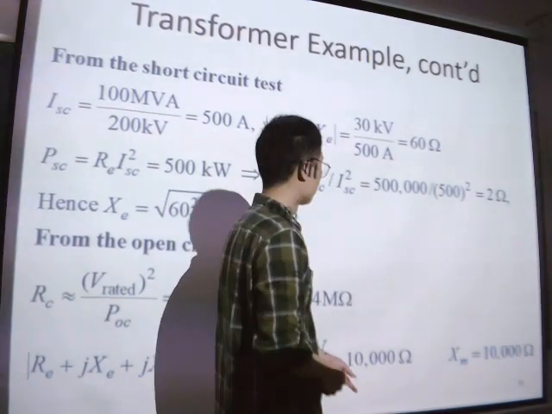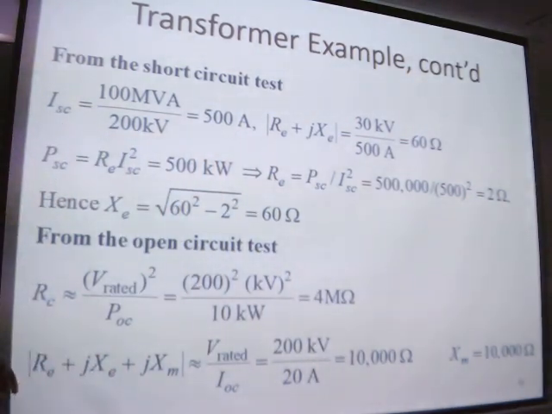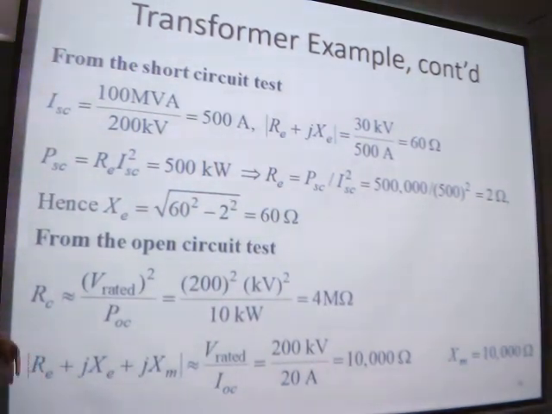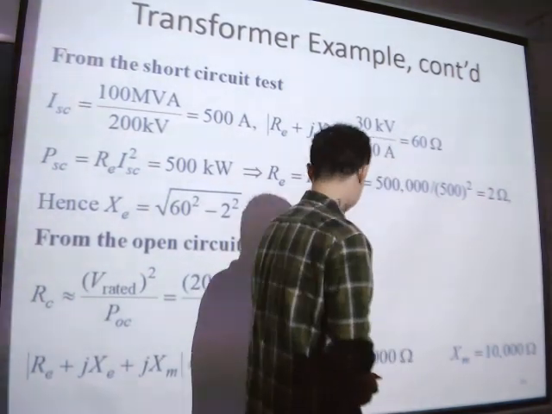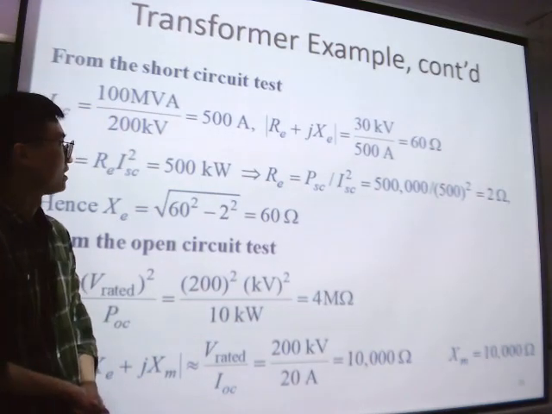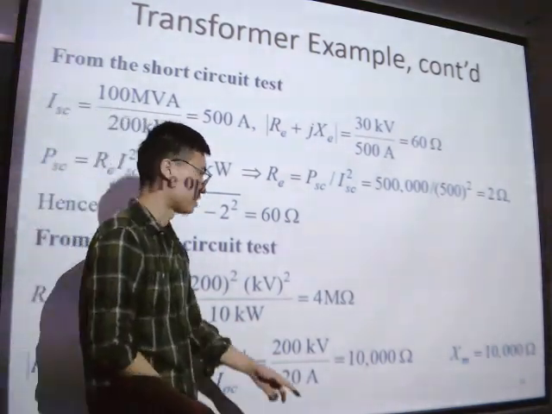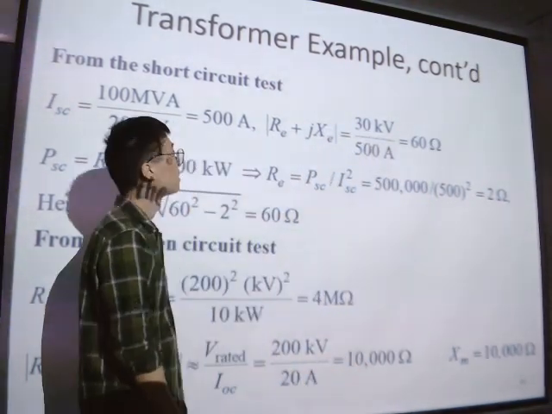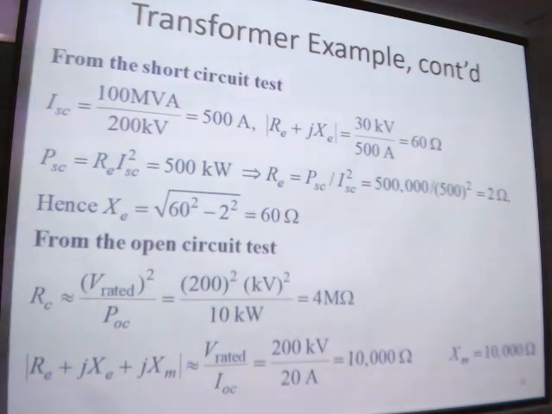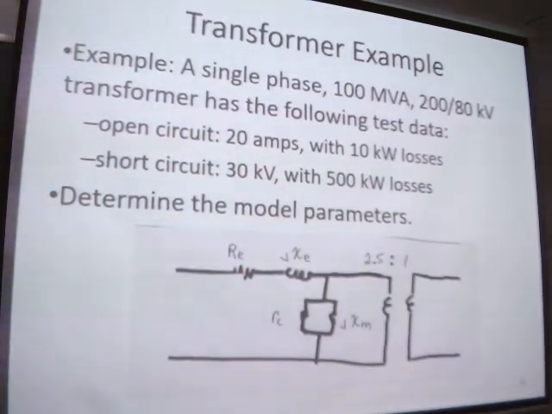Because this part is only 60, this one should be approximately 10,000, okay? So it should be approximate. In this example we are using approximate values several times, but this is not the key point, okay?